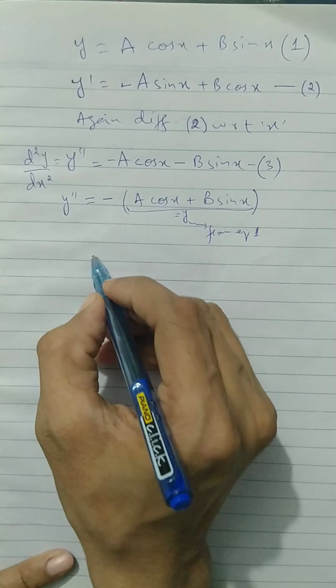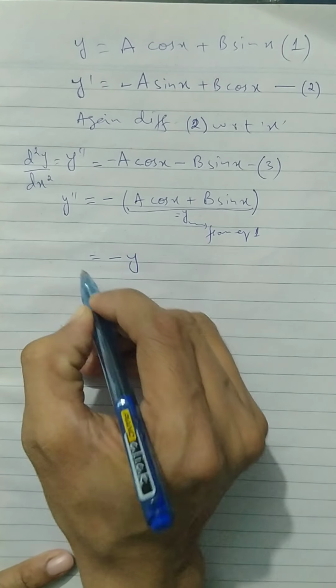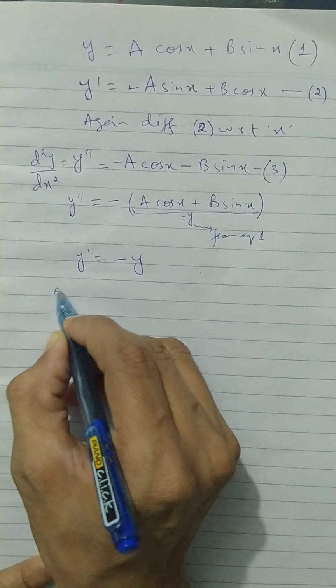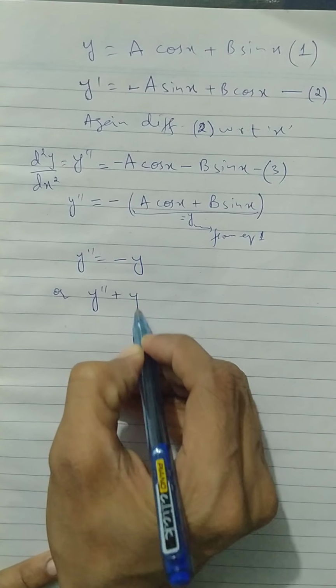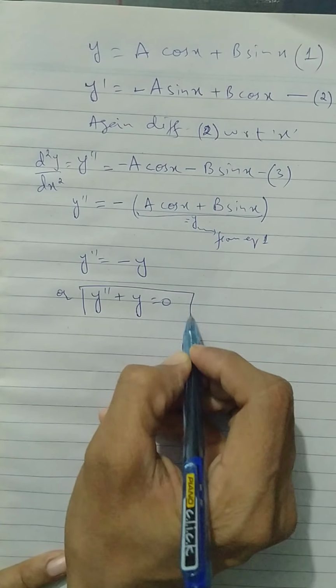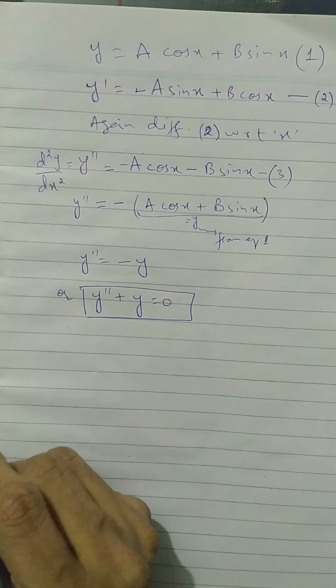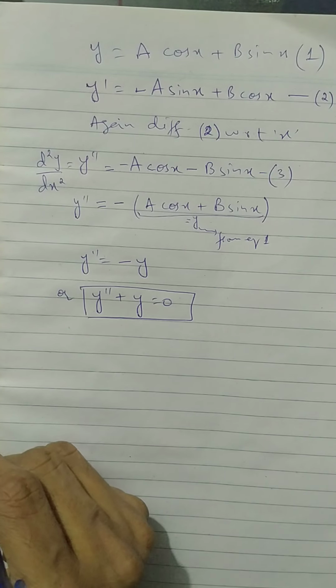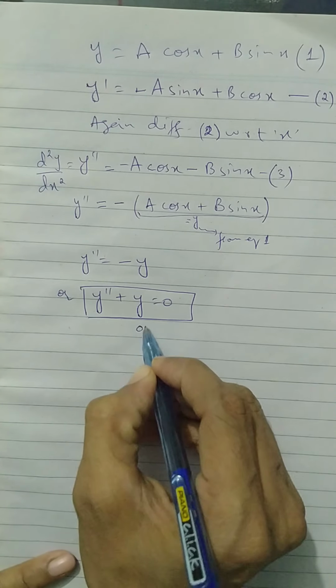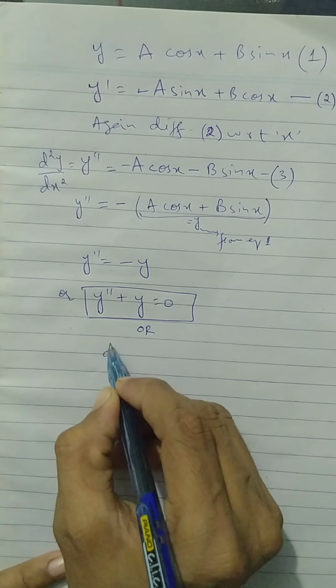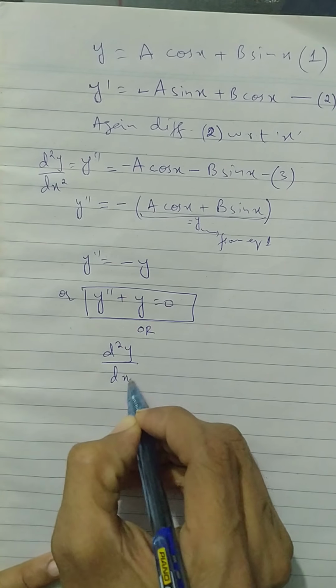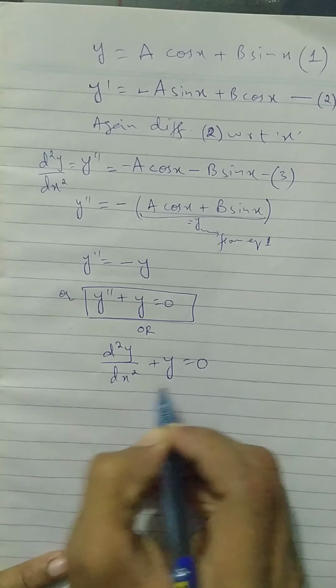Just substituting the value here, we have minus y double dash equals minus y, or y double dash plus y equals 0. This will be the required formed differential equation. This is our final target, or we can write it as d square y divided by dx square plus y equals 0.